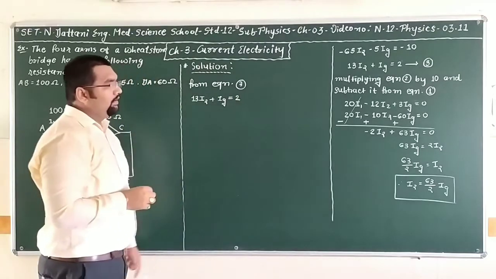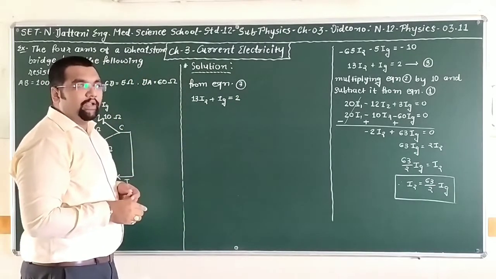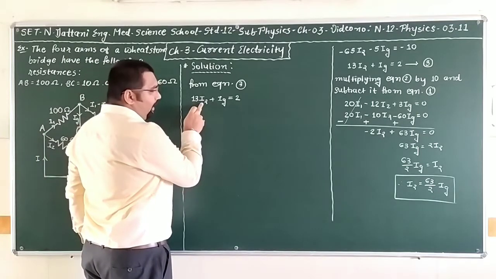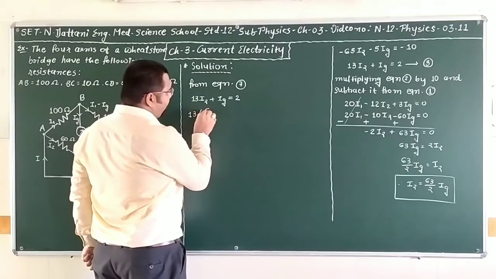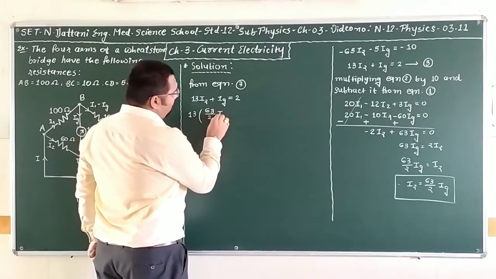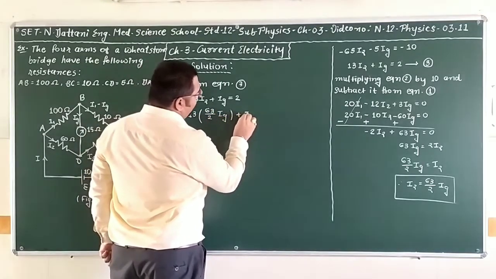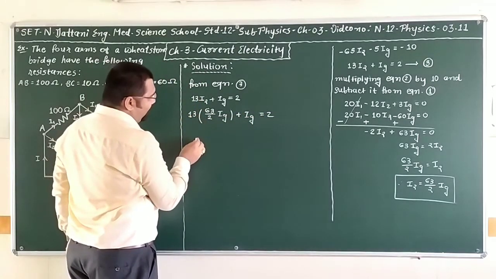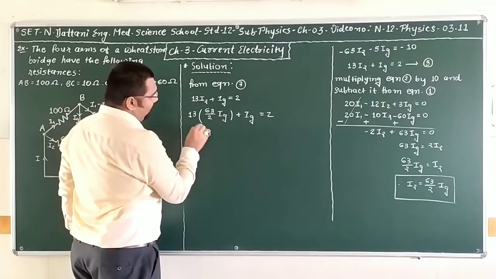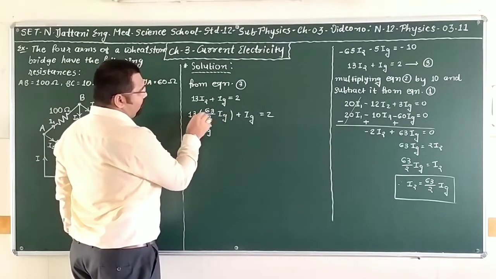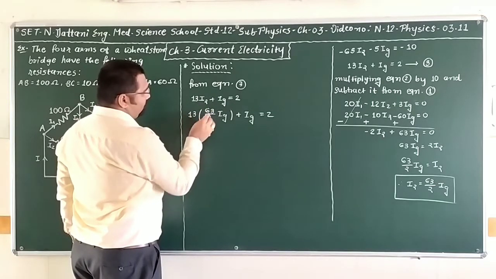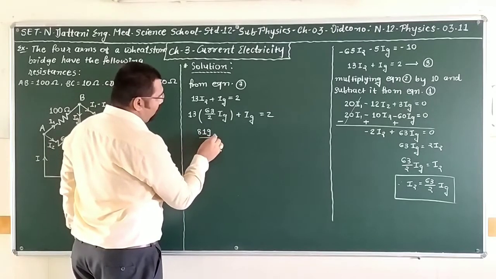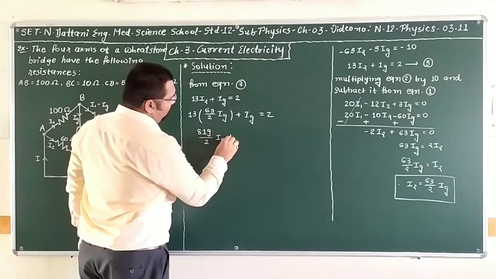Now we will write 63 by 2 Ig in place of I2, that is 13 times 63 upon 2 Ig plus Ig equal to 2. So 13 into 63, that is 819 upon 2 Ig plus Ig equal to 2.